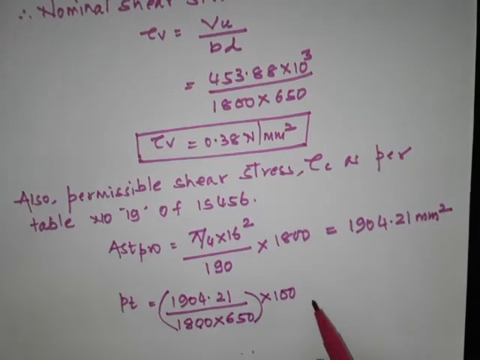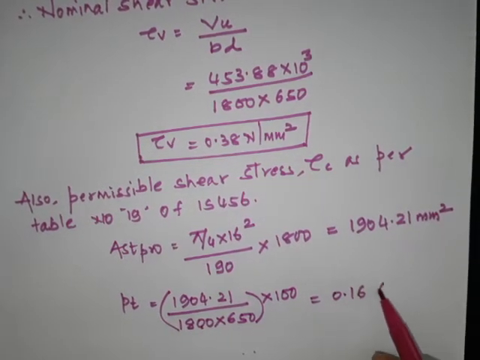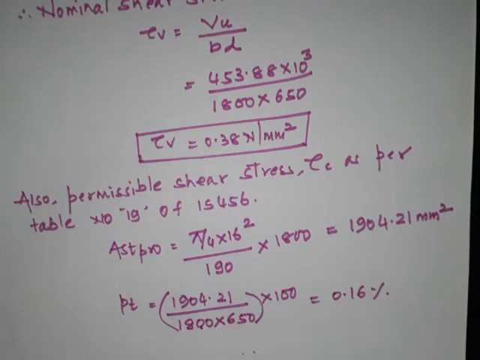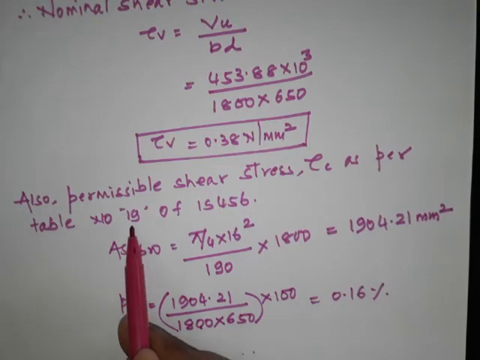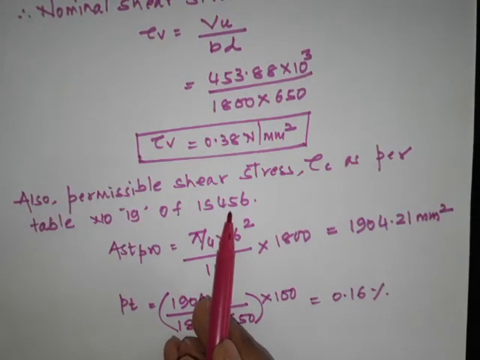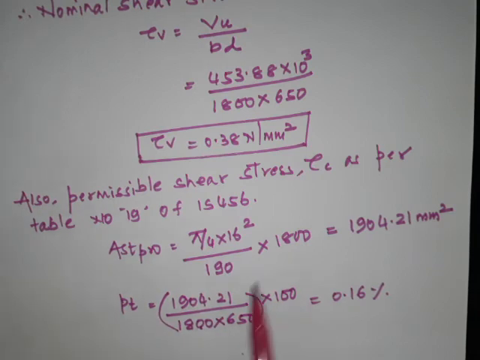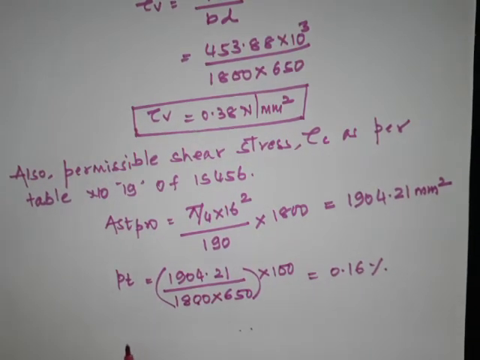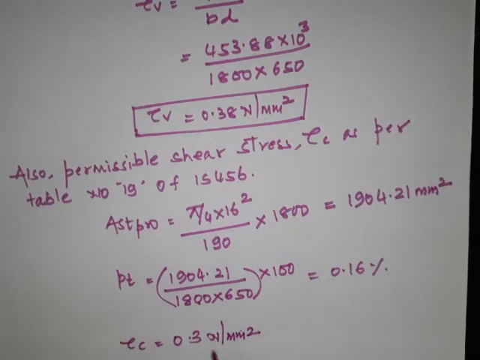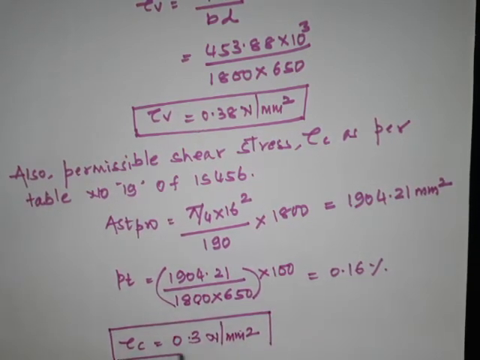This will be 0.16%. Now what you have to do? You have to go to table number 19 of IS 456 and find the value of tau c. By referring to IS 456, we get tau c is equal to 0.3 Newton per mm square.